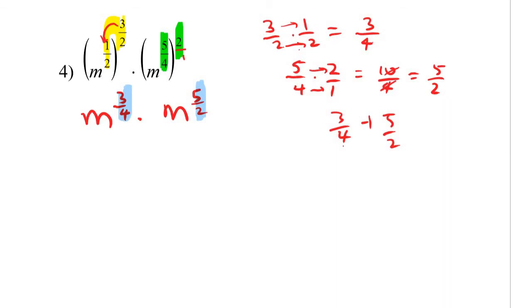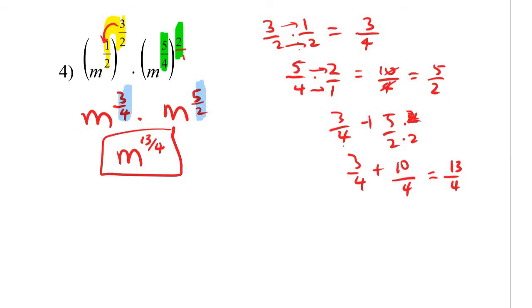So we can convert this one to a fourth. So 3/4 plus, this is times 2, 10 over 4 will be 13 over 4. So we're going to have one base. The one base is 13 over 4. And that is the answer to that.